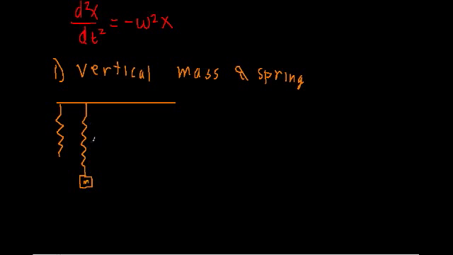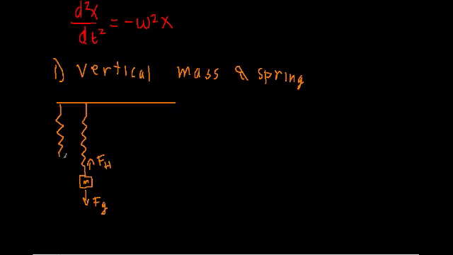And in this new equilibrium, all the forces are balanced out. And what I mean by that is that the force from gravity pulling the mass down is balanced out by the fact that the spring is stretched slightly and is pulling back a little bit. So we're going to say the Hooke's force here.